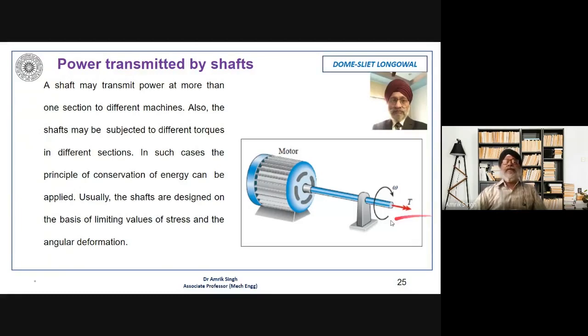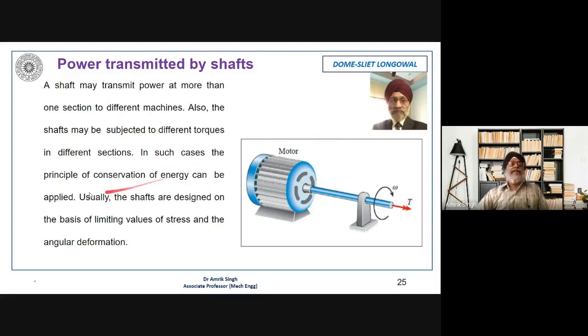It is carrying a torque T, and it is rotating at an angular speed omega, which can be measured either in RPM or in radian per second. A shaft may transfer power at more than one section to different machines. Also, the shaft may be subjected to different torques at different sections. This we have seen, and we will also see it in one of the numericals which we will be solving now.